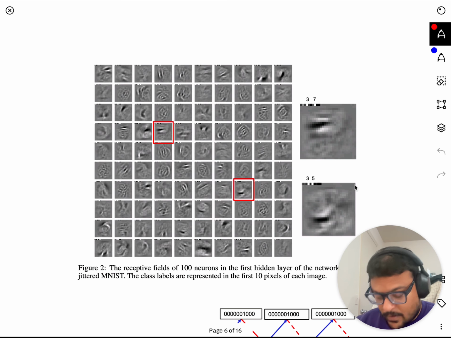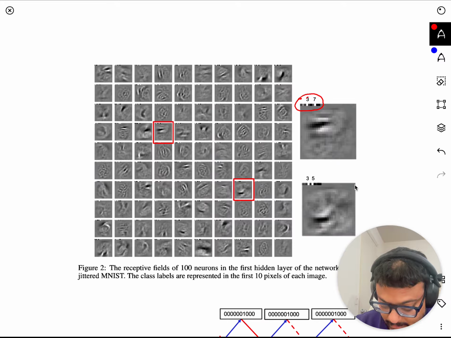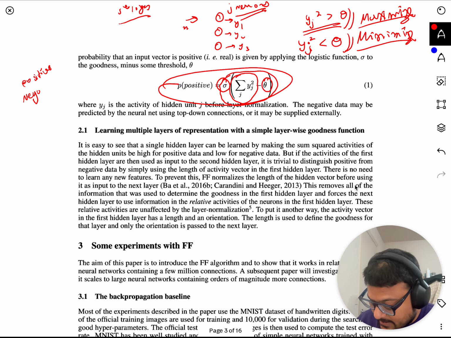Here he's showing samples which belong to different classes. Let us also look at another example here. Now the key point is that you have this positive data and this negative data, and you pass them through the network. Whenever it sees positive data, it outputs a high response, and whenever it sees negative data, it outputs a low response.